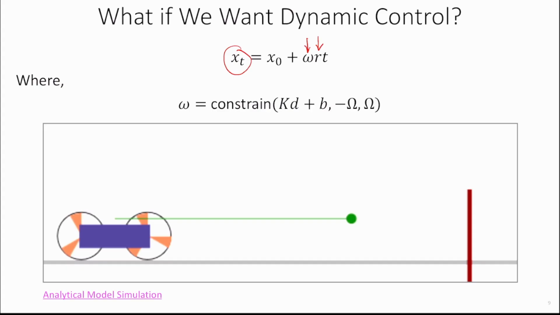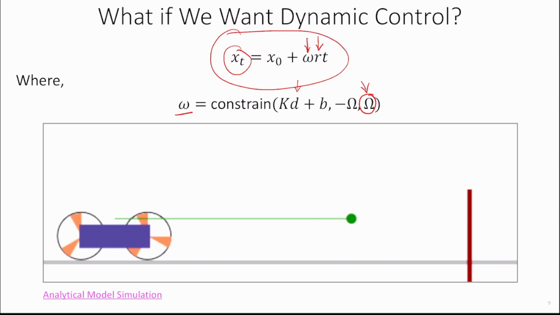And just to give you a hint, it would say something like, if my distance is greater than some value that gives me the maximum value for omega, so this is just capital omega to indicate it's the maximum value that I could have for my angular velocity of the wheel. So if my distance is greater than whatever value clips here at omega, then I can pretty much just use this original equation as is.